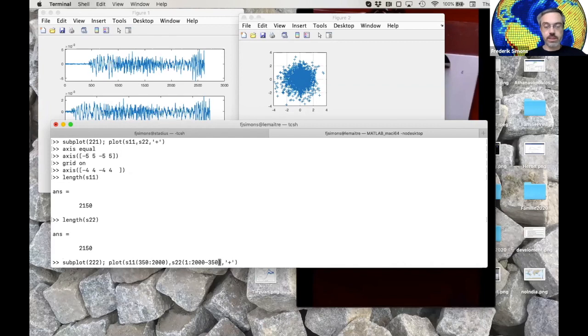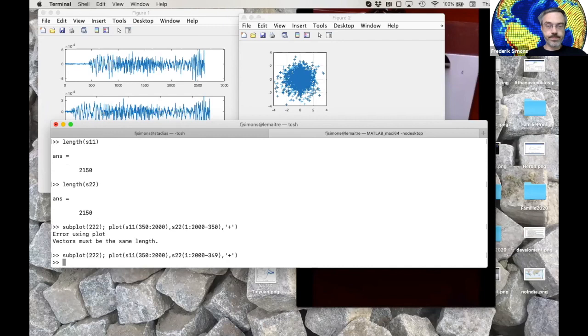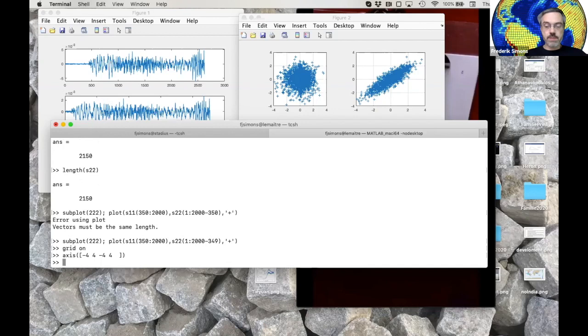Plus or minus 1, it'll complain if it's not good. 49, is that it? Okay. So here's the grid on. I'm still in my standard units. I'm still in my axis equal.